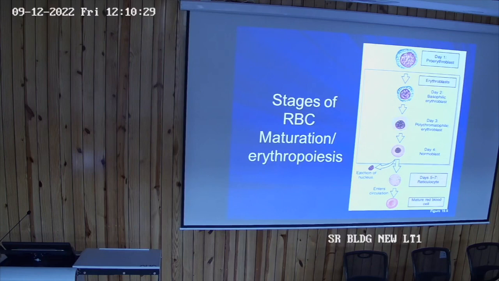Maturation has been happening from the start, but here the mitotic division has stopped. Now further growth and maturation changes will take place, but no more mitotic division will take place after the intermediate or polychromatophilic erythroblast.